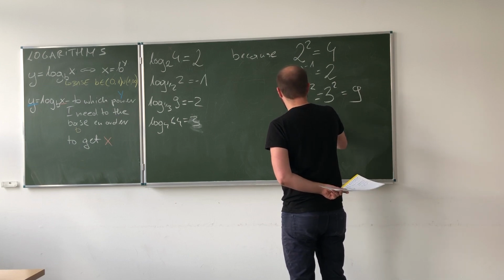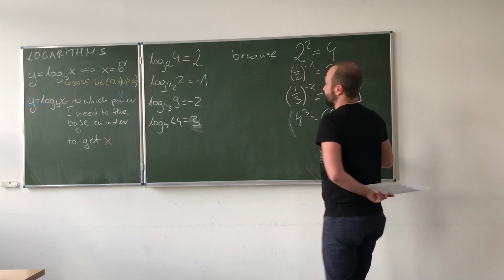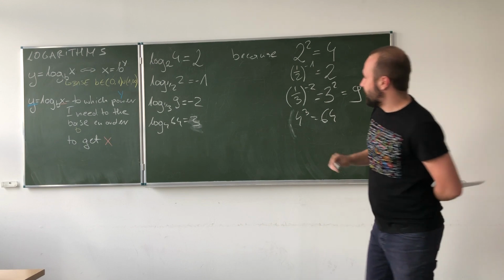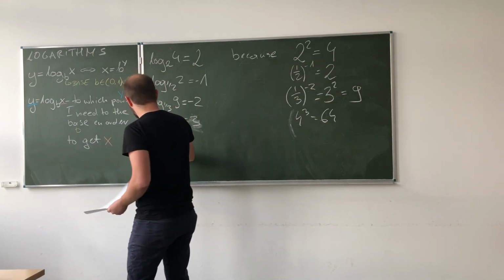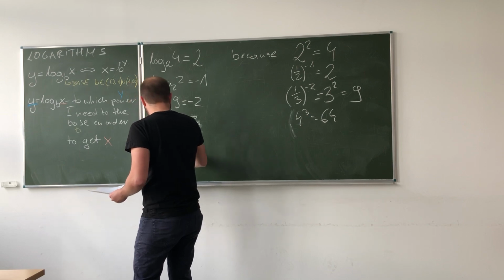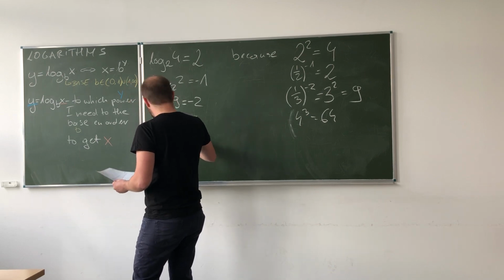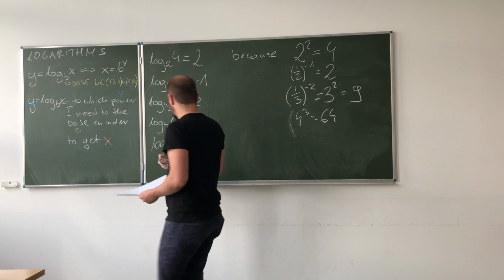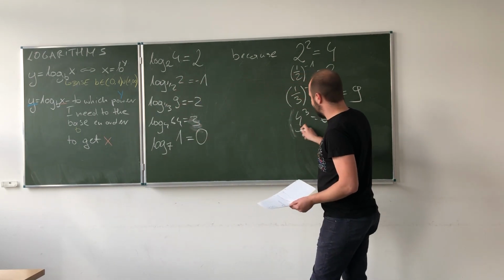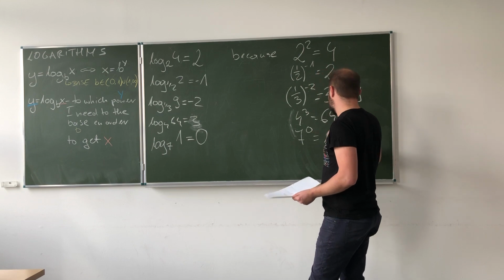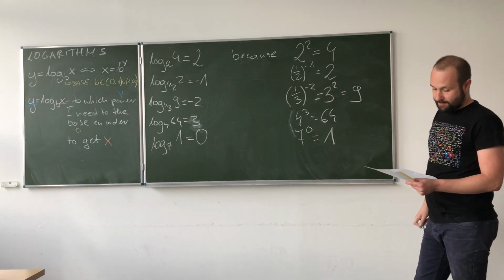So we've got 4 to the power of 3 is 64. Okay, so now let's get into more interesting cases. If we've got a log with base 7 out of 1, the outcome is 0. Why? Because 7 to the power of 0 is 1.